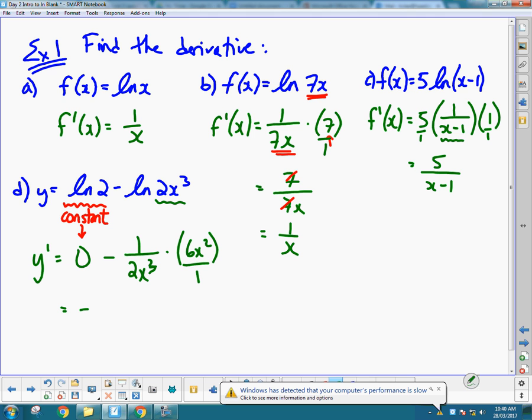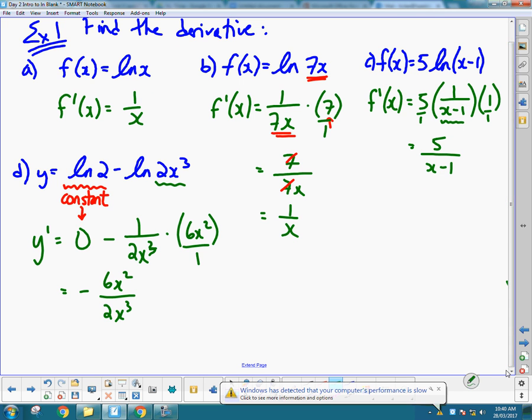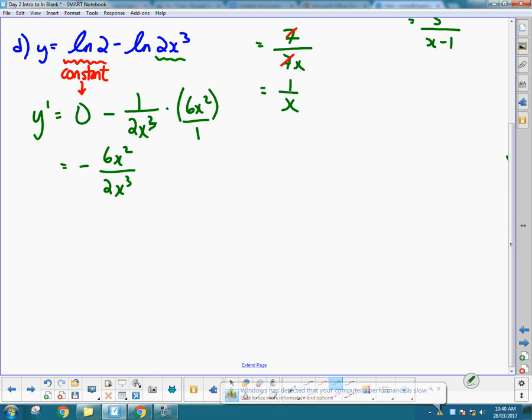This is over 1, so that's 6x squared on the top, 2x cubed on the bottom. 6 divided by 2 is 3, and x squared over x cubed leaves x. So I'm going to have a 3 on the top and an x on the bottom. And that's the derivative of that function up there.